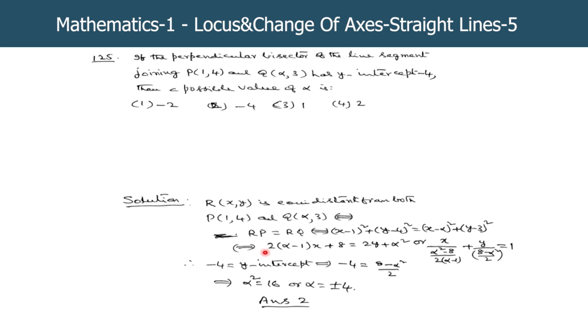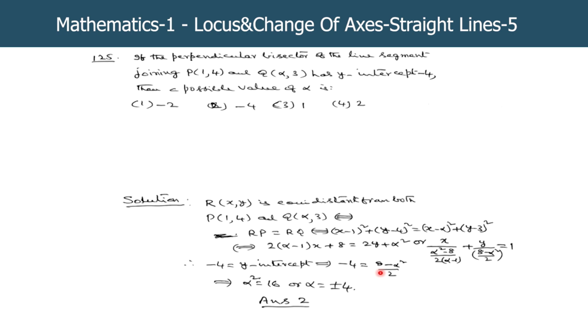If you simplify, then 2 into (alpha minus 1) into x plus 8 is equal to 2y plus alpha square. Now, what he asked has y-intercept minus 4. So, write that equation of the line in the intercept form and equate the y-intercept to minus 4.